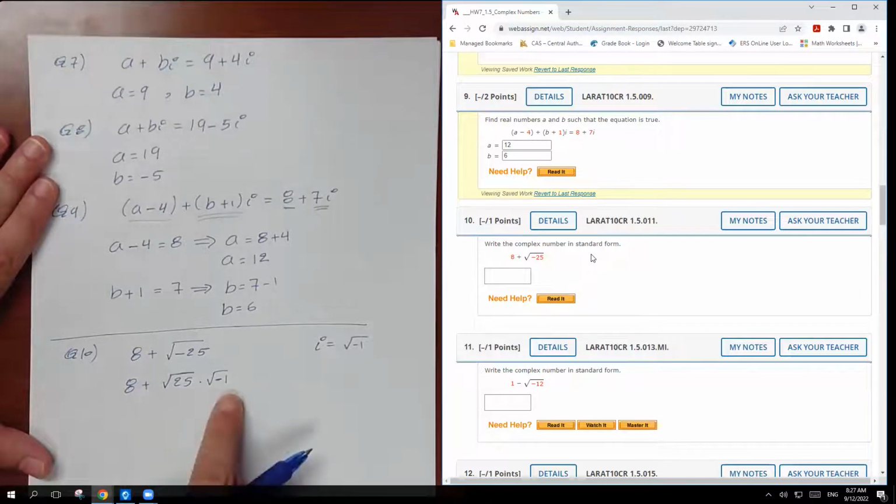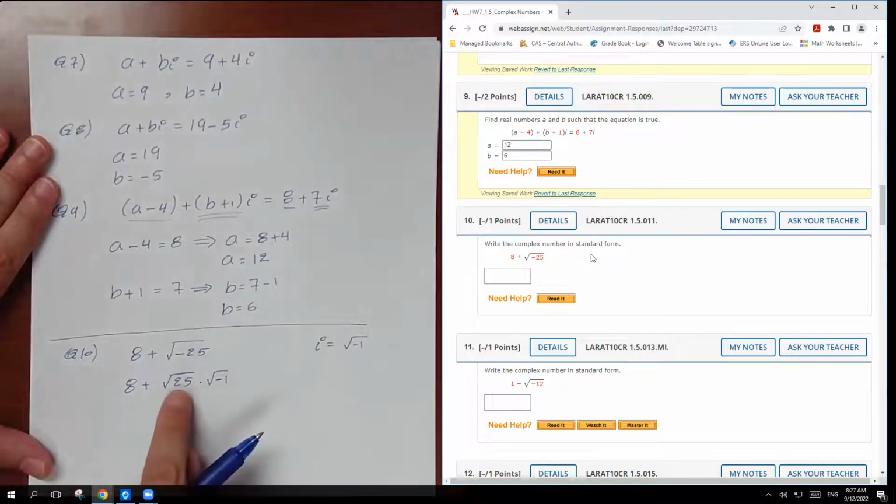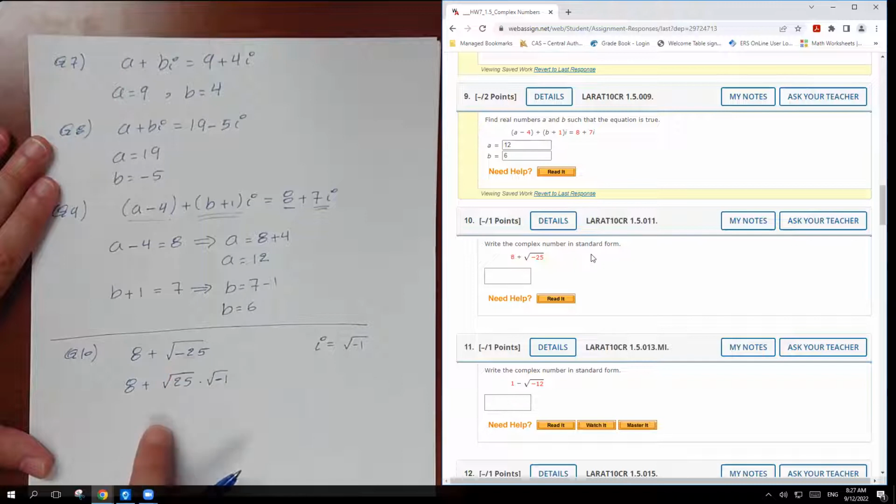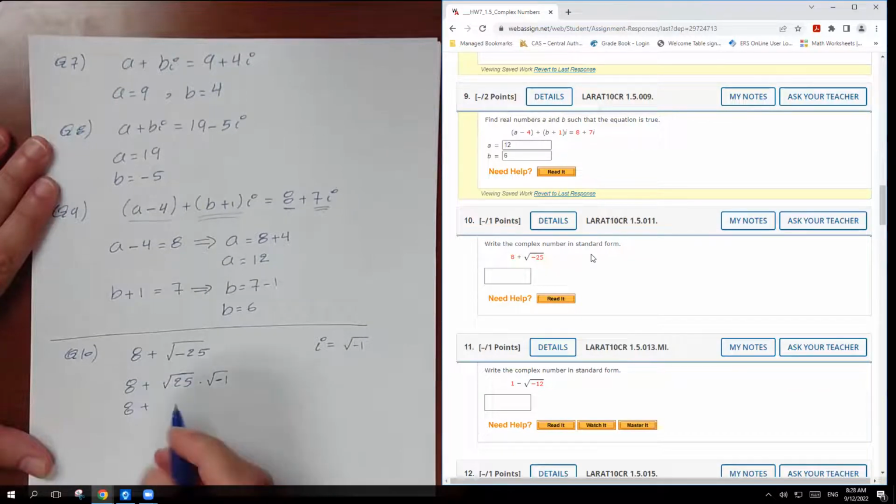You don't have to do this step, but so you can understand what that means, because when you multiply the same root, you can multiply 25 times negative 1, which is negative 25. So now here is 8 plus the square root of 25, which is 5. The square root of negative 1 is i. So this is the standard form A plus Bi.